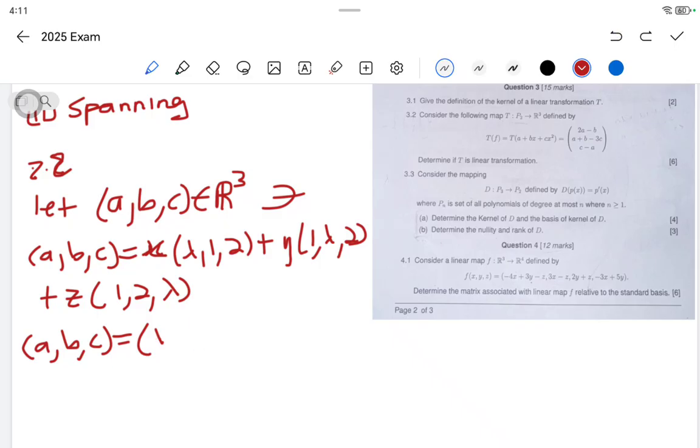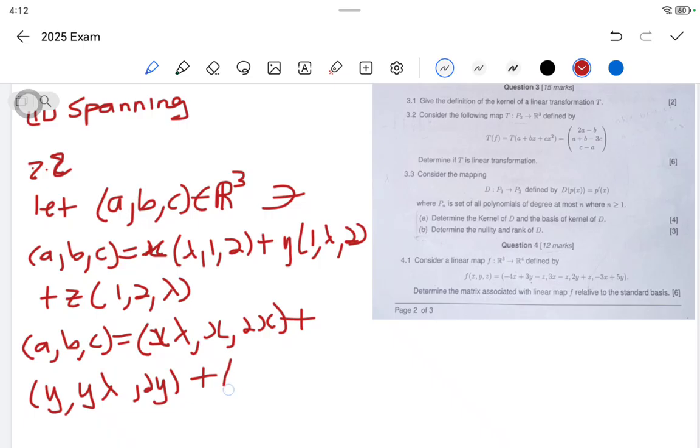Actually, let me just do this. X lambda, X, 2X, plus Y, lambda, 2Y, plus Z, 2Z, Z lambda.